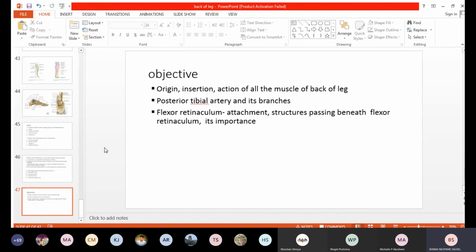If this tendon contracts, then there will be that action, that is the plantar flexion. Here you apply in your foot. Normally you plantar flex, and in that condition you can feel your tendon and what that tendon is doing.